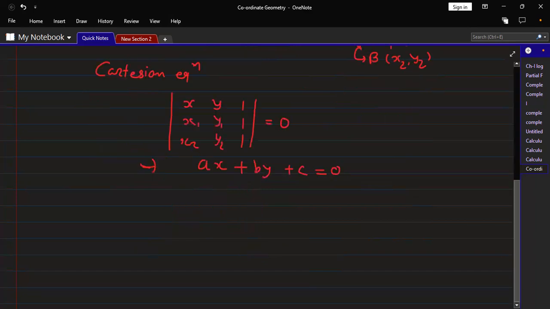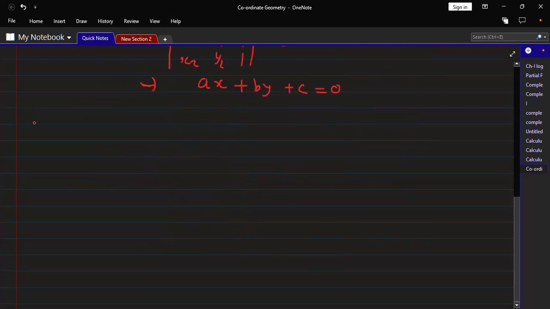Okay. For example, line passing through the points (3, -1) and (7, 2). Then find out the line equation.